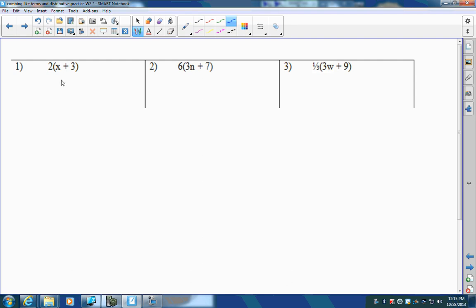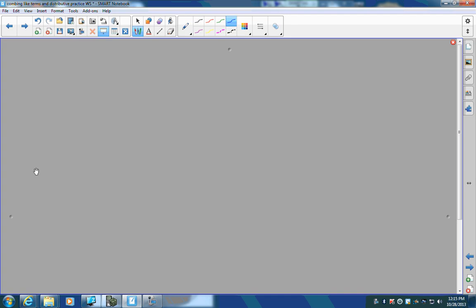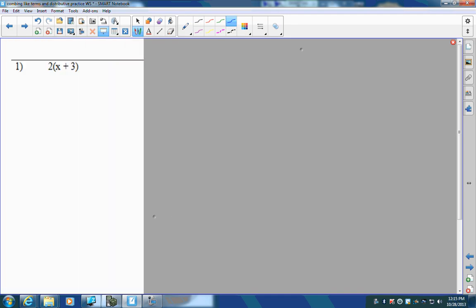All right, so looking at the other side, let's start over here on number 1 on the right-hand side. Now, this one, right here, it has parentheses on there. Well, when you have a number outside the parentheses, we're going to do what's called hippity-hoppity distributive property. So I'm going to take whatever's outside, multiply it by everything inside. So I have 2 times x, 2x, 2 times 3, plus 6.